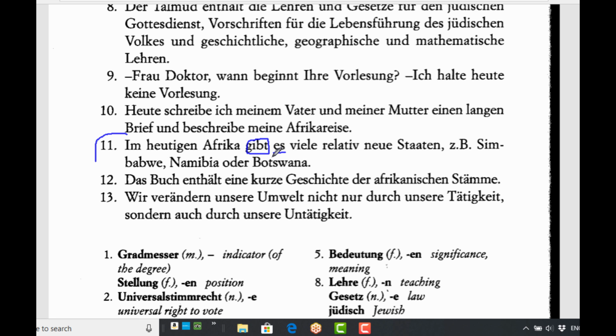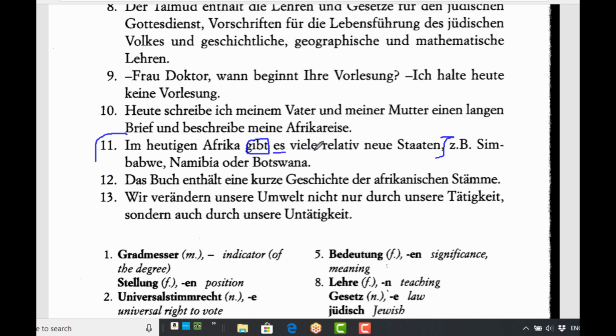And this doesn't require any, it doesn't take an accusative. So how would you translate that first sentence? So in modern Africa, or in Africa today, there are many relatively new states, or countries.